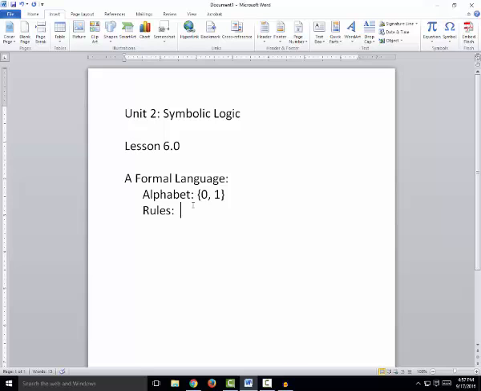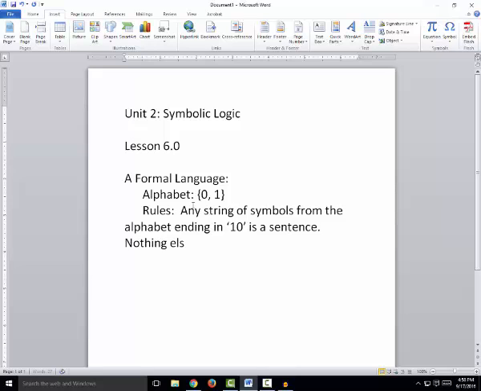And then for a set of rules, suppose we just have the rule that any string of symbols from the alphabet ending in 1 0, how about that, is a sentence. And second rule, nothing else is.